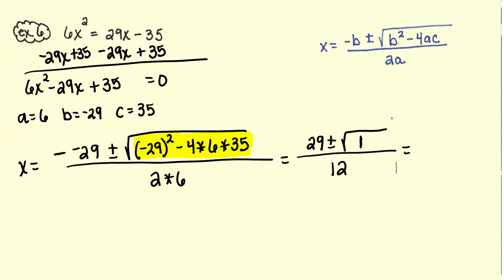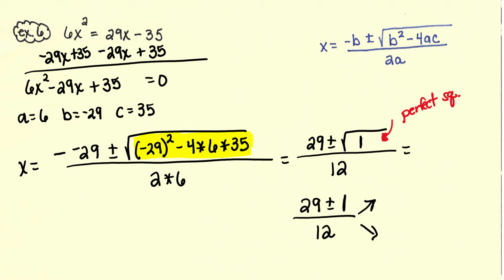Now, 1 is a perfect square. Sometimes students forget about that. The square root of 1 is 1 because 1 times 1 is 1. So I get plus or minus 1 over 12. Now, these are like terms, so I must simplify the positive and the subtraction.